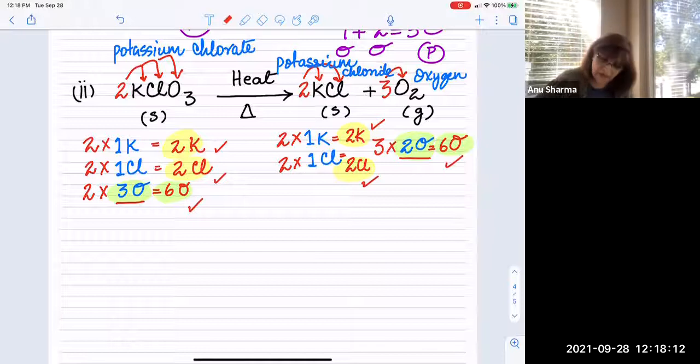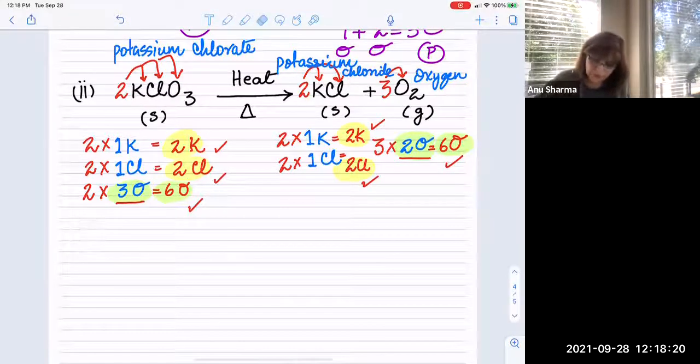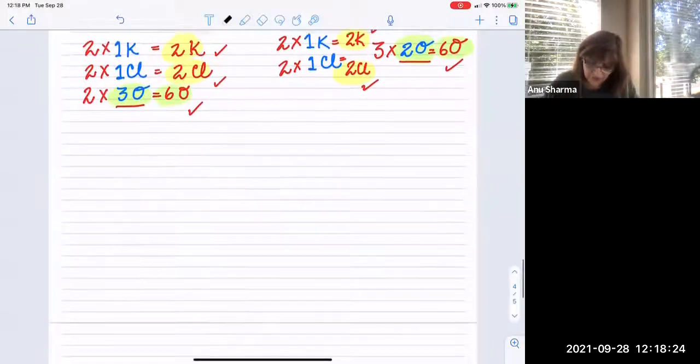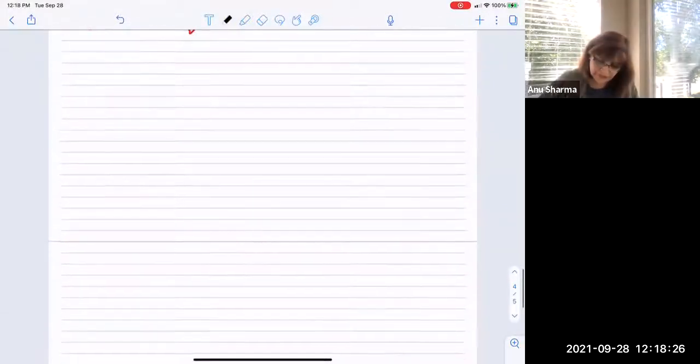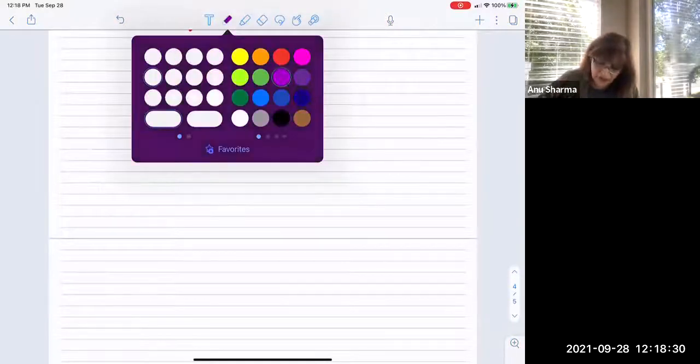All right, now you take the third part. So that was the decomposition. Okay, so let's move further. We will now have replacement reactions. When we talk about replacement reactions, there are 2 types. This is the third one, the replacement.